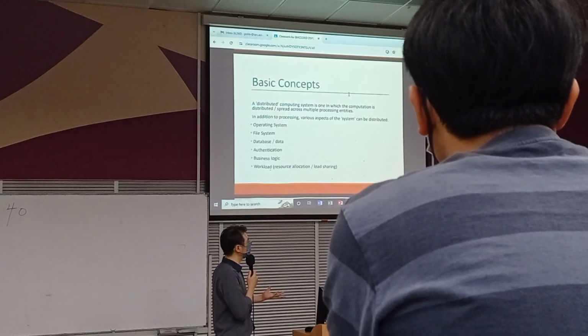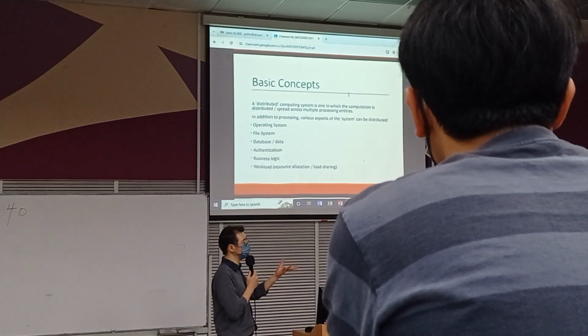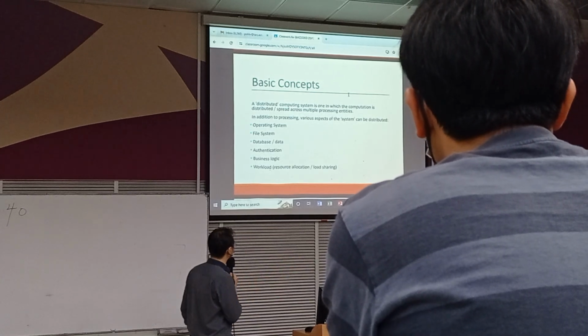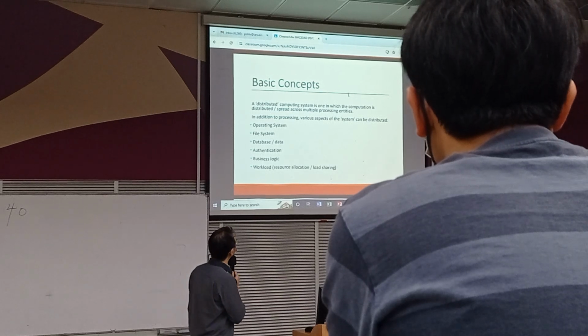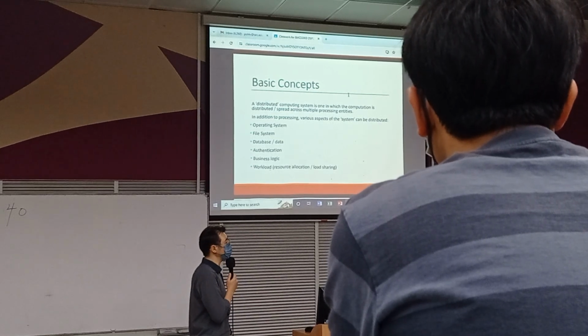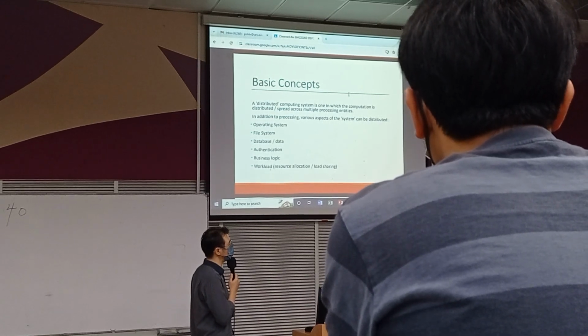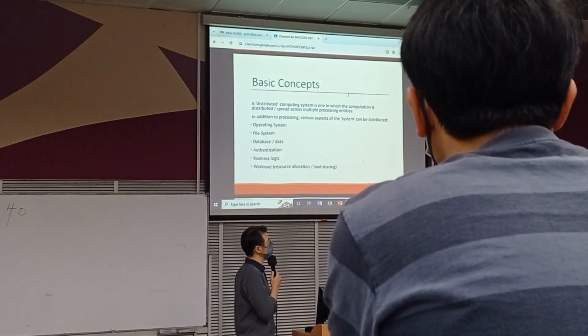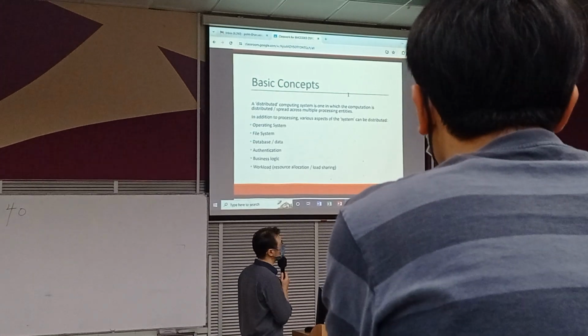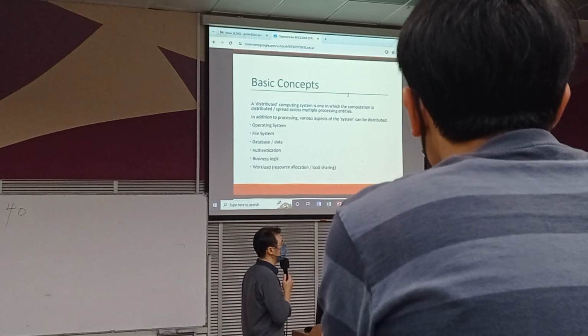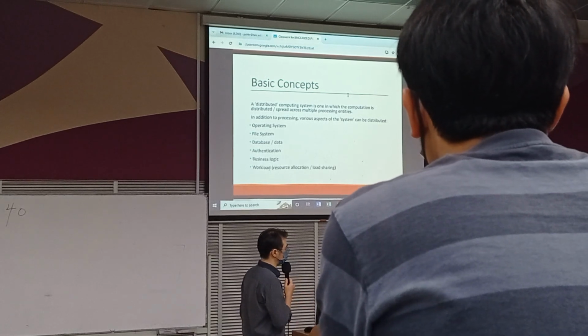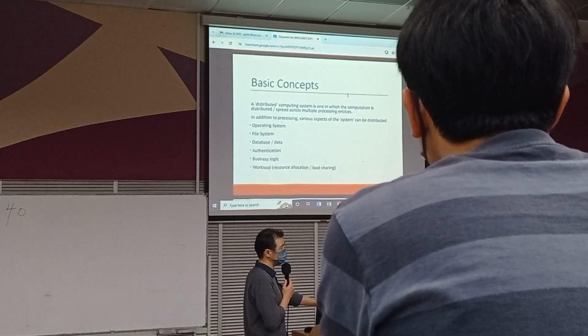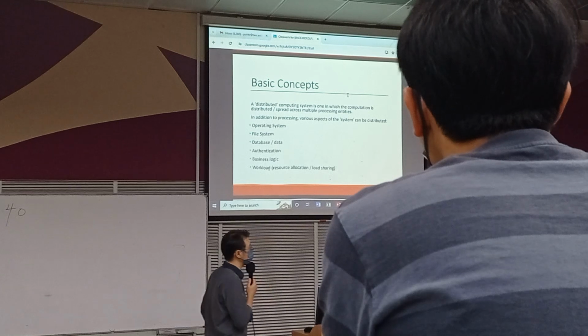Because if it is not aware of it, it will not know that the data is actually stored in different places. And you need to have a file system that is also distributed, like for example, network file system, right? Not the file system that we have on our current operating system, which you can only store on your hard disk.